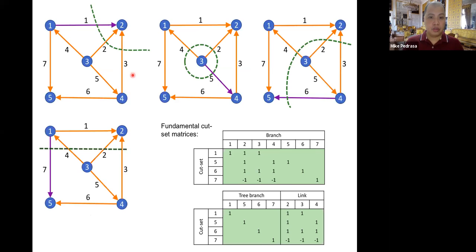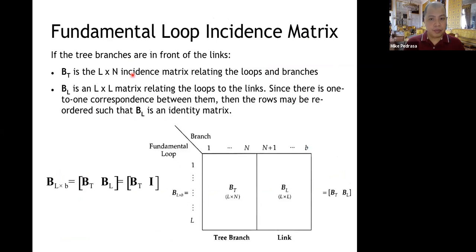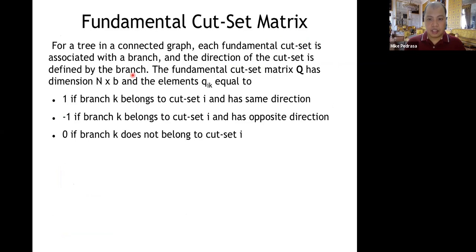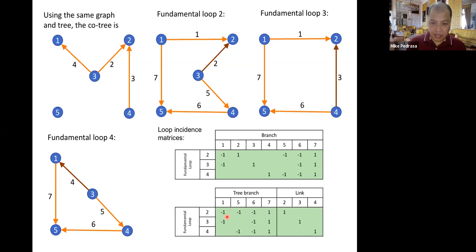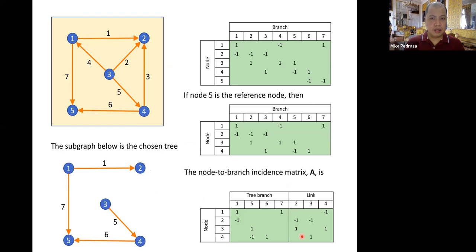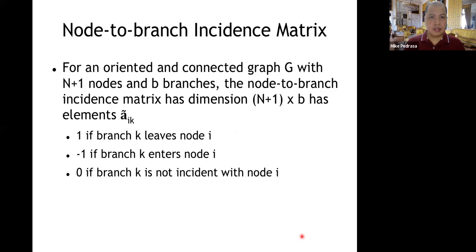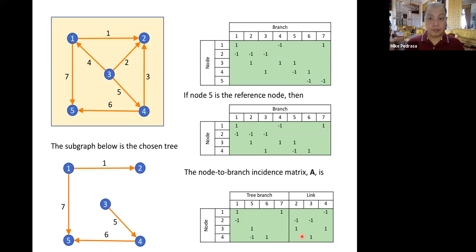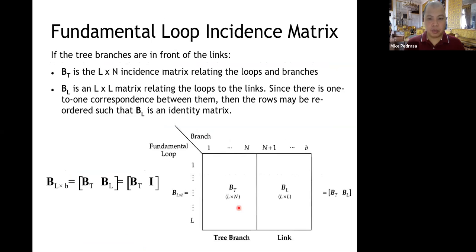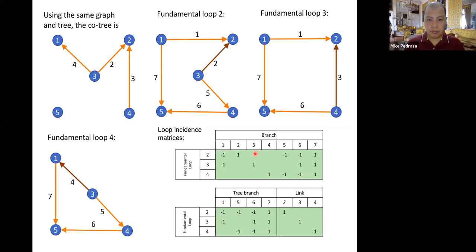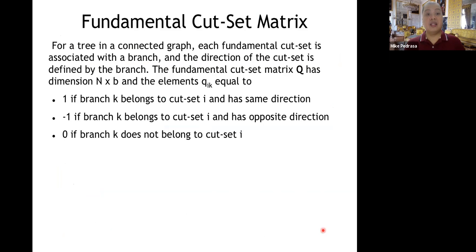So our A is this matrix here. This is the A matrix, that entire thing. If you multiply that to B transpose, this matrix here, you will get a 0.